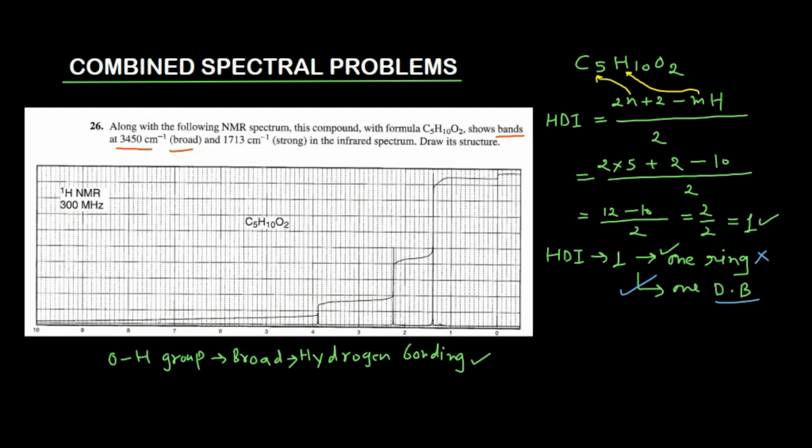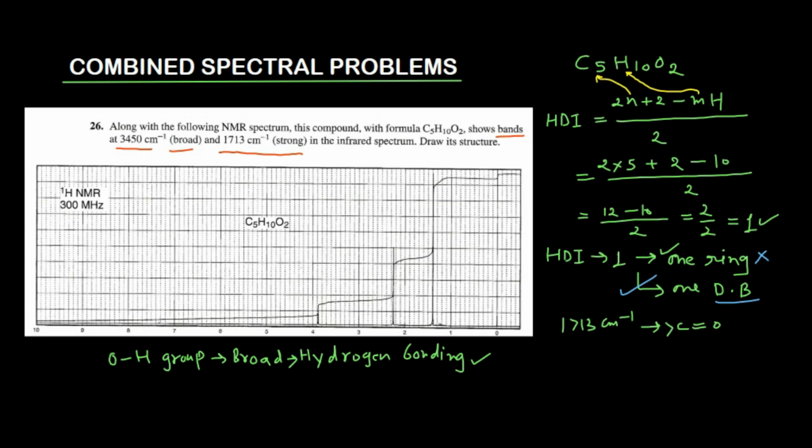And then another very important aspect you can observe here, which is 1713 centimeter inverse, a very strong band. This is clearly the region of the carbonyl group.